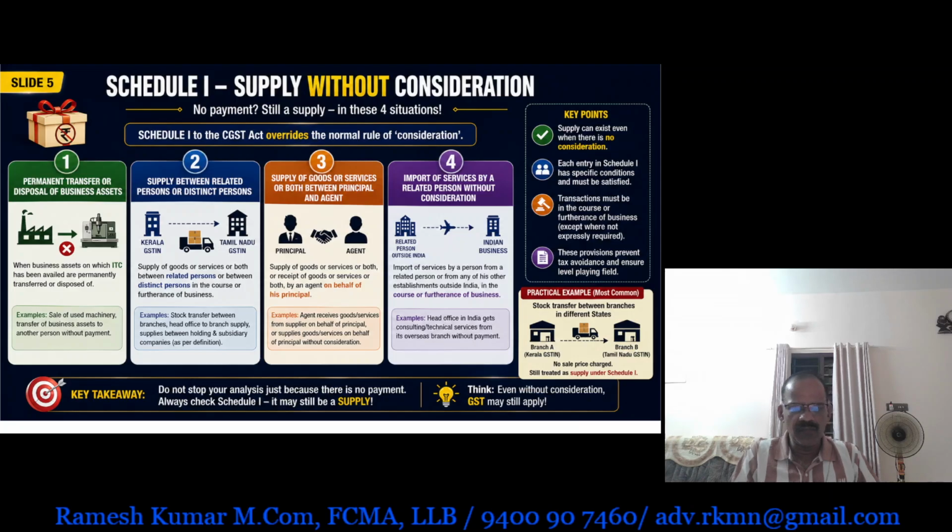No customer may be involved, no sale consideration may be charged, but the GST registrations are treated as two distinct persons for the levy of GST. Therefore, the transaction may still be treated as a supply.